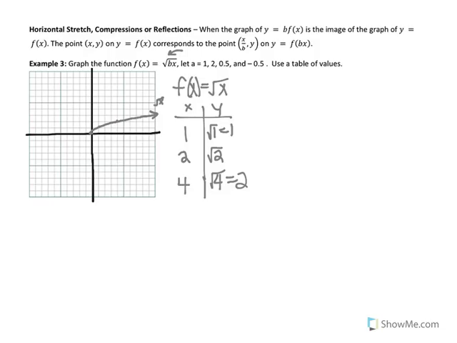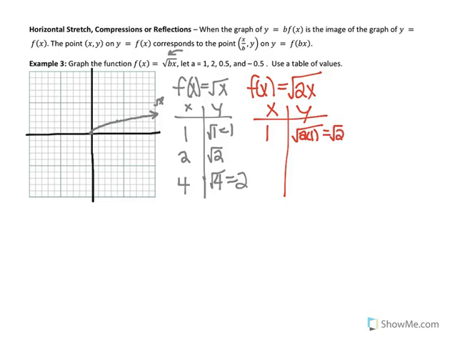So let's see what we can do when we add some variables in for b. Let's do the square root of 2x. If I plug x in as 1, I would have the square root of 2 times 1, which is the square root of 2.